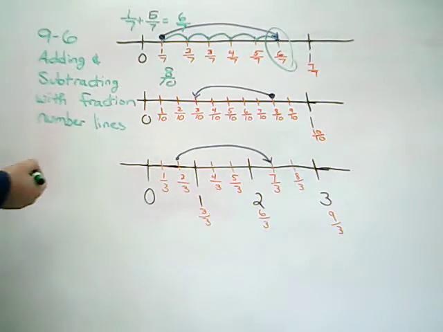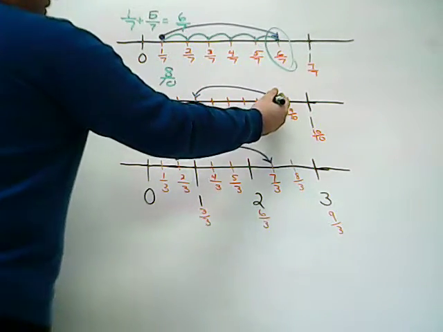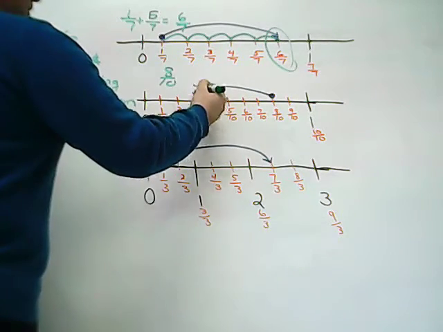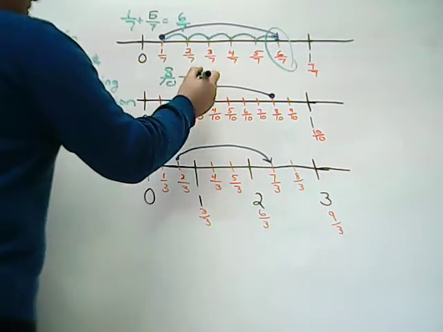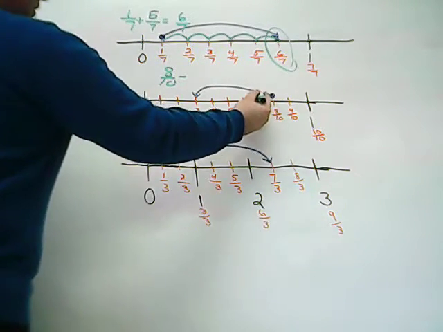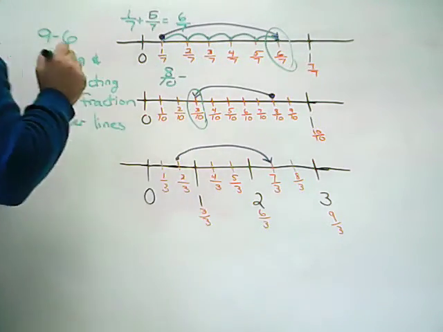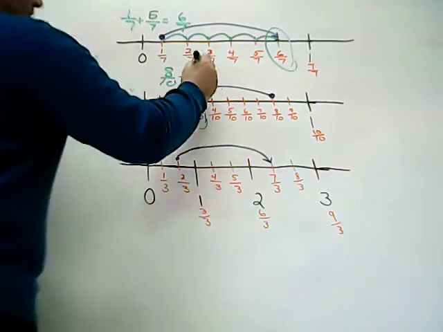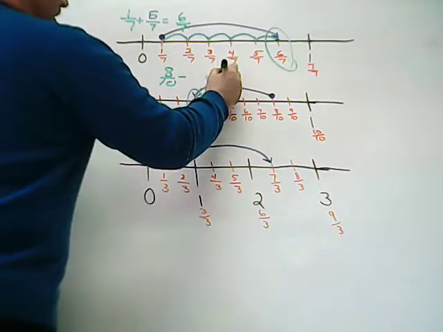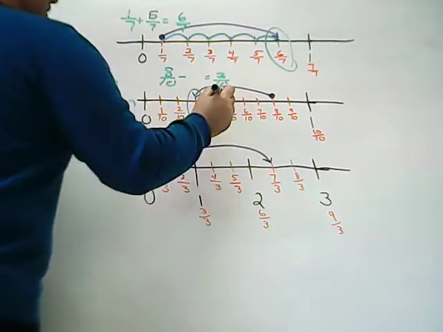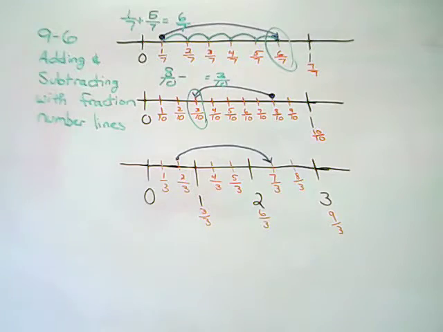That's what's telling me I'm going to subtract, because I'm moving from the right to the left. So 8/10 minus something, and I'm going to get to my final destination of 3/10. So 8/10 minus something is going to equal 3/10.